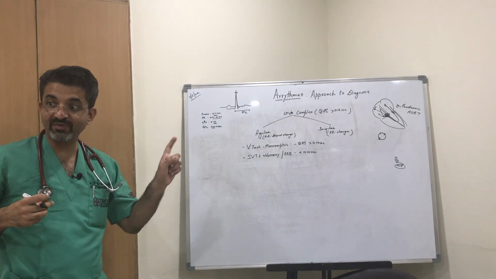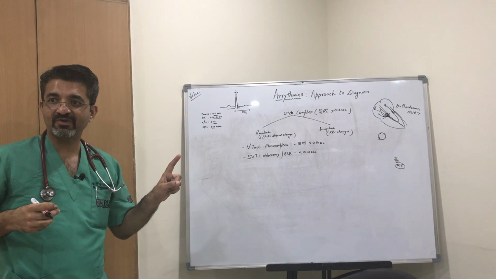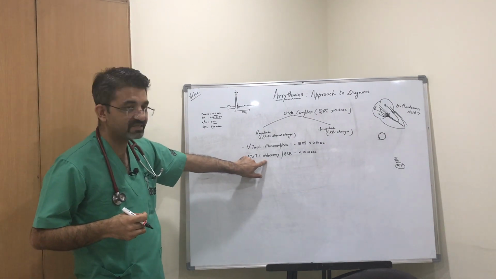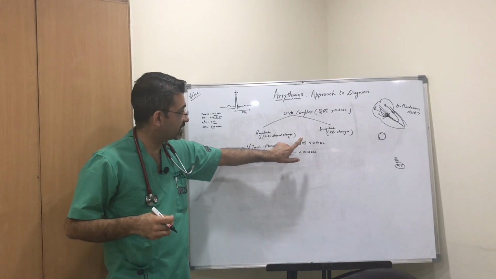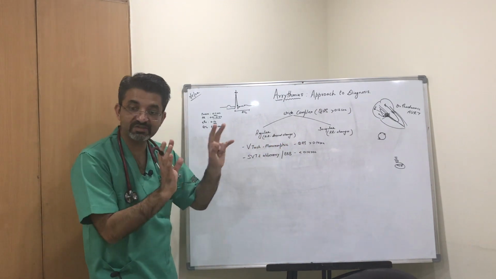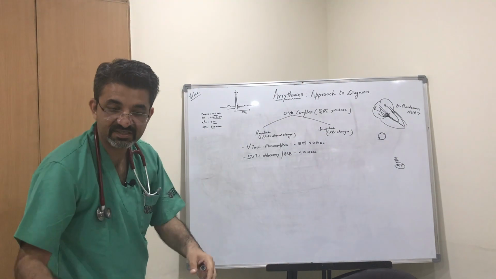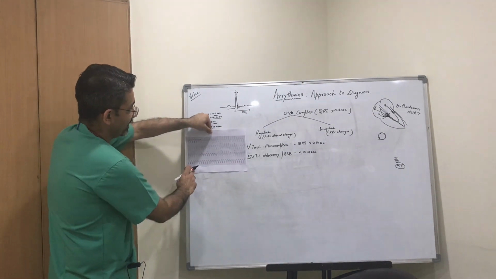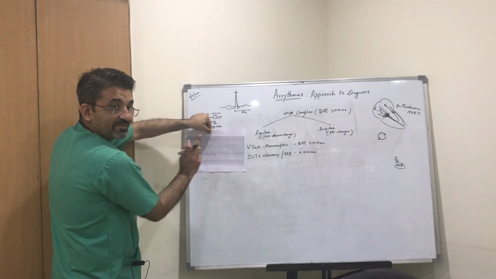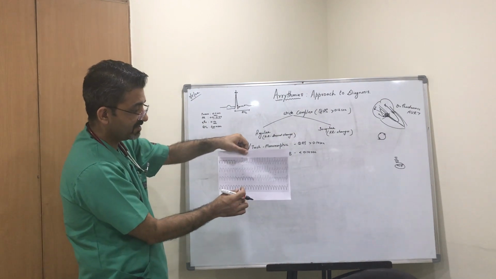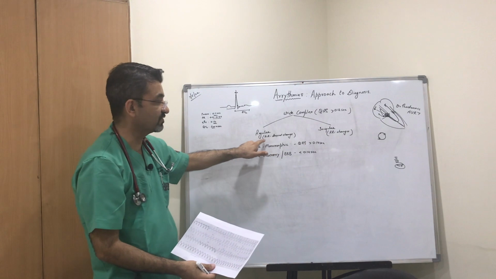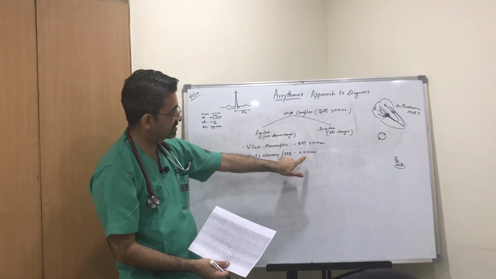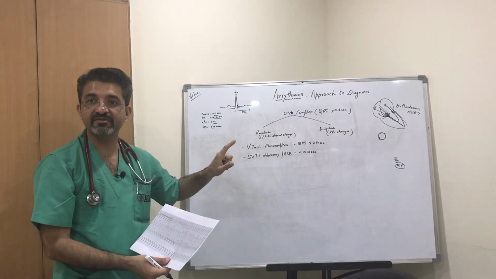Everything is above 0.12, but in SVT with aberrancy it will be less than 0.14. In VTach, which is monomorphic, they will look similar. SVT with aberrancy will also look like this. Now how to differentiate? You have to see the width of the QRS. If it is more than 0.14, it favors monomorphic VTach. If it is less than 0.14, it favors SVT with aberrancy.